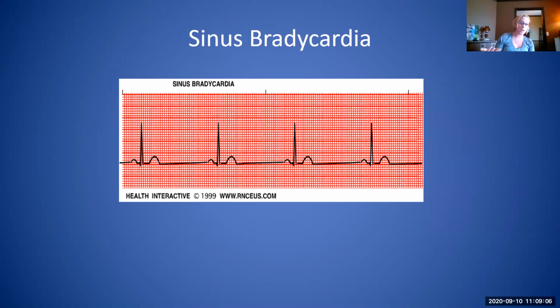In order to treat bradycardia, you might need to give the patient some oxygen. Atropine is the main drug that we give to help increase heart rate for sinus bradycardia. Dopamine, again, is one that can help raise the heart rate.